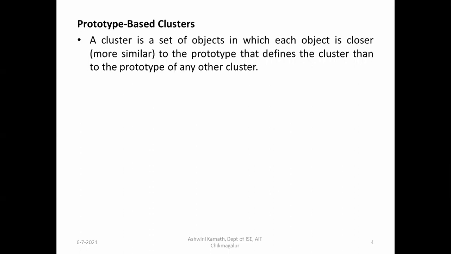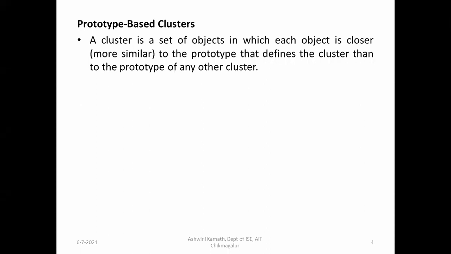Whatever point you have considered is called the prototype. Or you have considered some measure for identifying the distances between the objects in the cluster. That measure is called the prototype here.